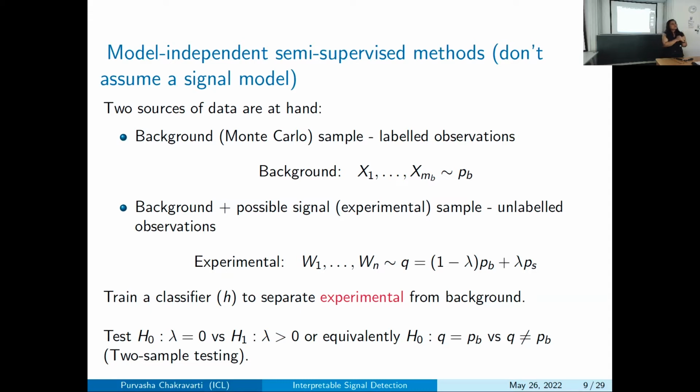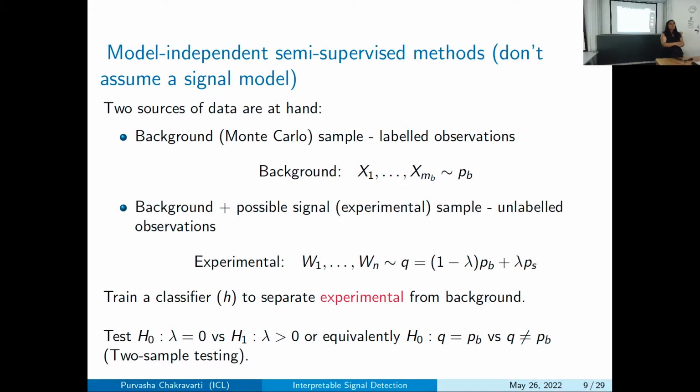I have a set of questions, but let me ask you this one. How reasonable is this? This is assuming that you have a clean sample of background, right? Yes. So this will only find signal if the background simulations are a good simulation of the background model.